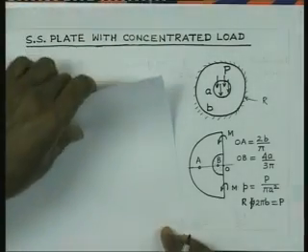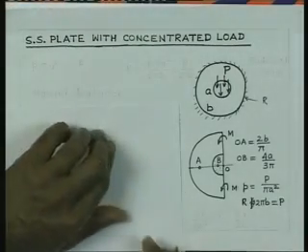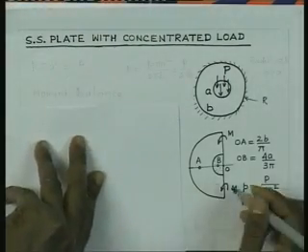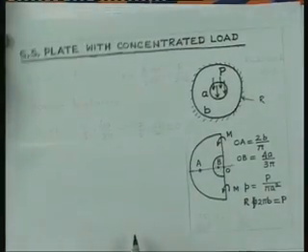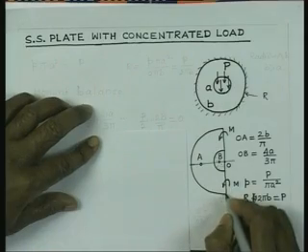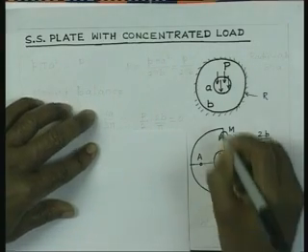Now, we consider the moment balance. This moment balance will now be taken about the diameter, let us say this CD.